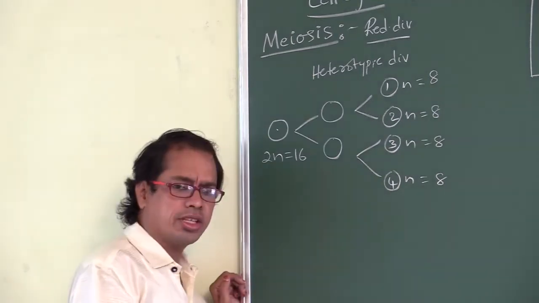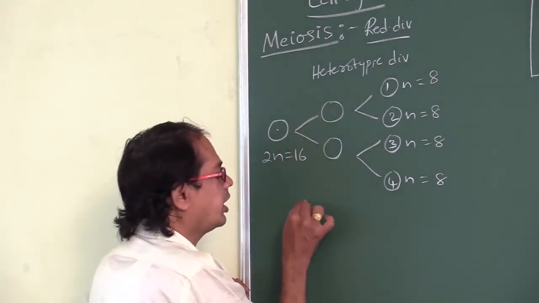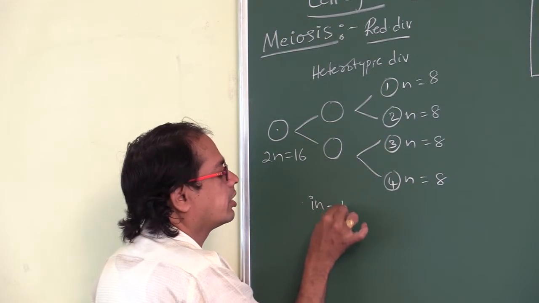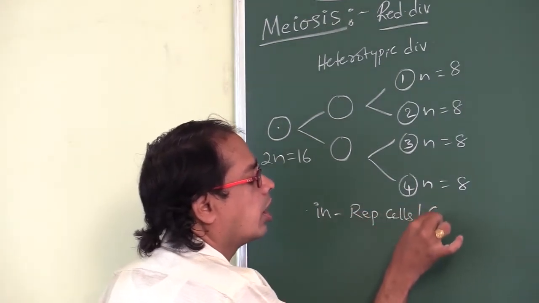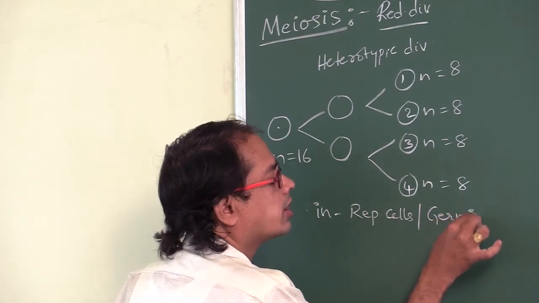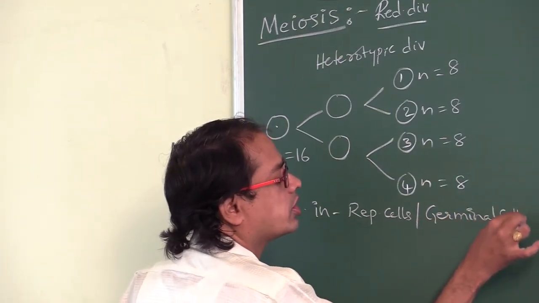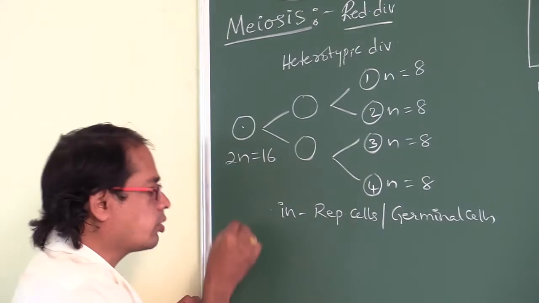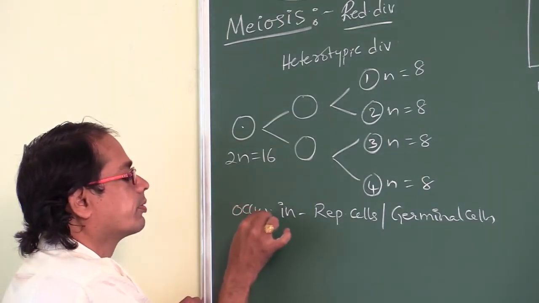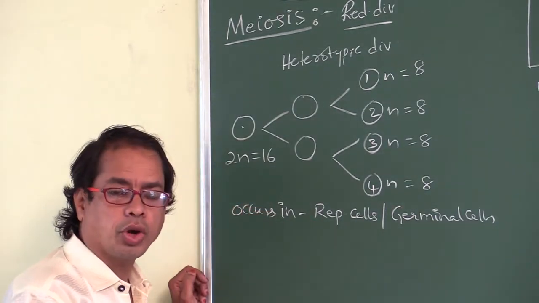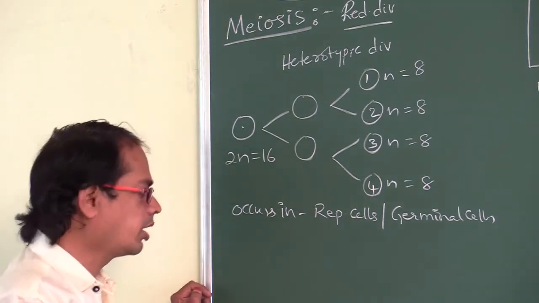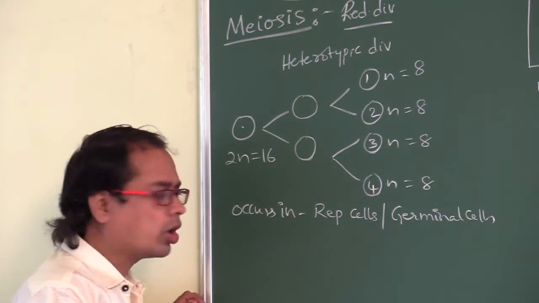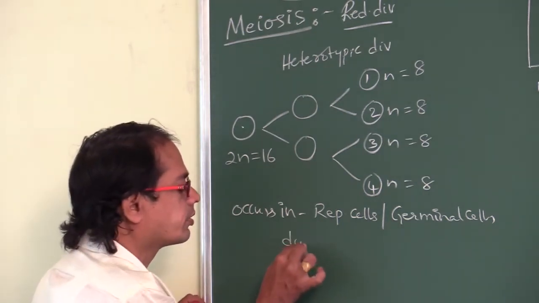Where does this meiotic division occur? It occurs in reproductive cells, also called germinal cells. Next one.